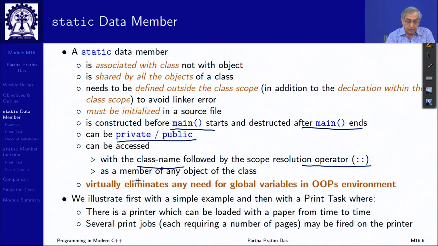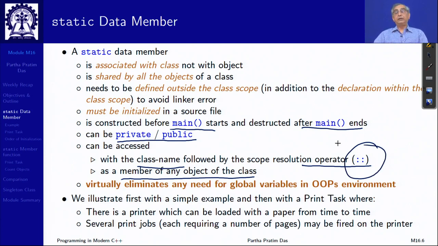Alternatively, I can also access a static data member using an object, just using object dot this member. But since it does not relate to the specific instance, from the object the compiler will know its class and internally find out the class scope where the static data member belongs, and therefore it will be accessed in that manner.